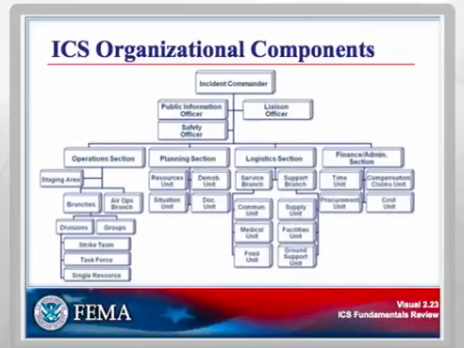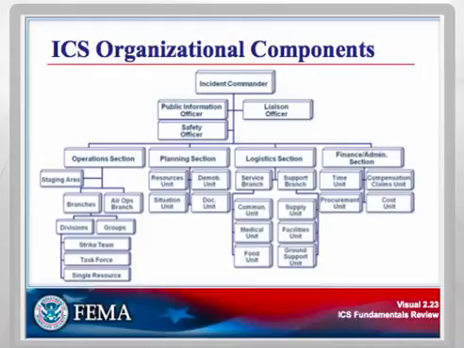Now we'll review the ICS organizational components. The ICS organization is typically structured to facilitate activities in 5 major functional areas: command, operations, planning, logistics, and finance and administration.